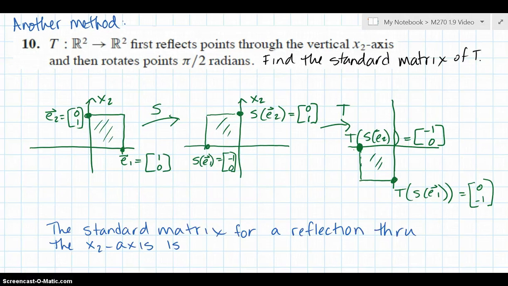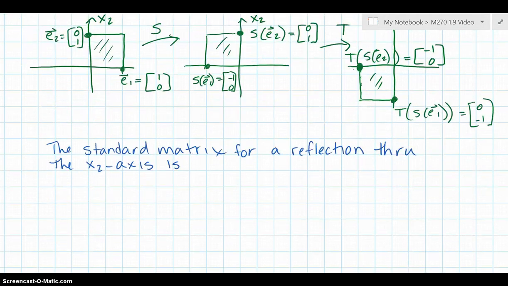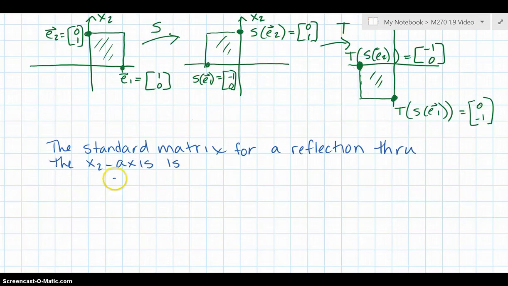The standard matrix for a reflection through the x2 axis is negative 1, 0, 0, 1. You can see that right here. It's just the S of E1 here and the S of E2 there.